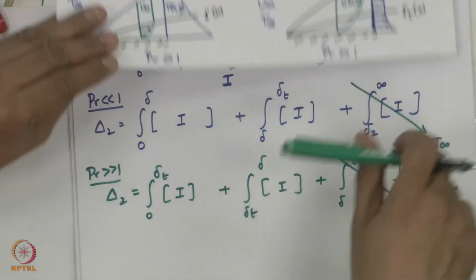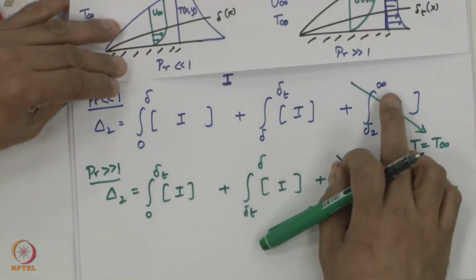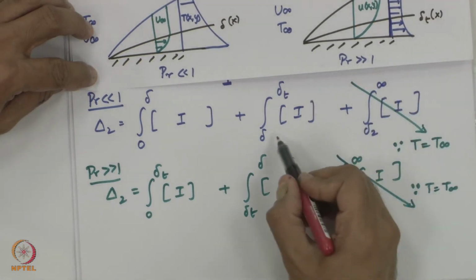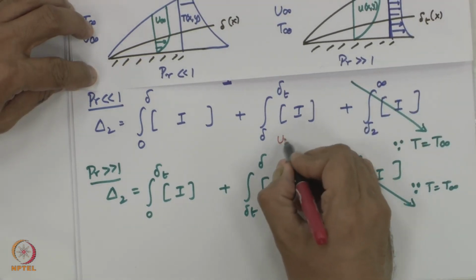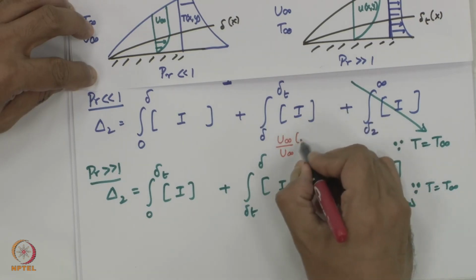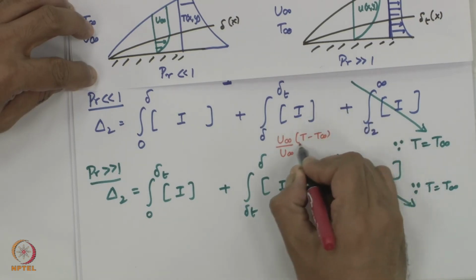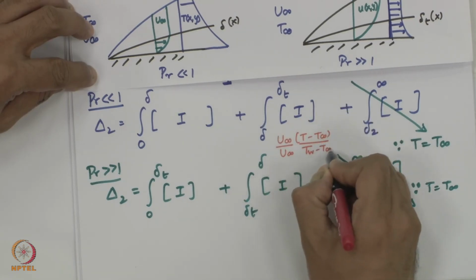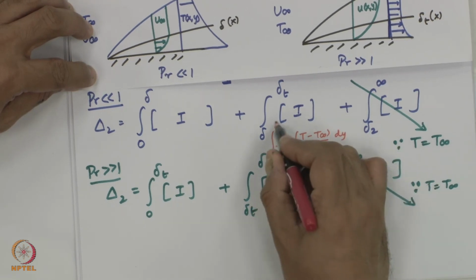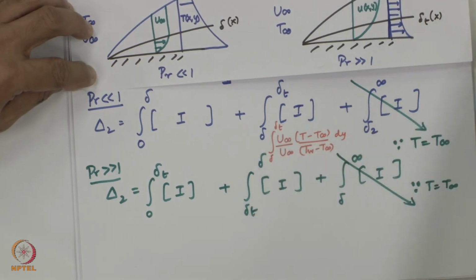What will be here? Let us look. Prandtl number less than 1. What is the velocity here in this part? It is u infinity by u infinity. Rho Cp can cancel. T minus T infinity by T wall minus T infinity. Delta to delta T, 1.